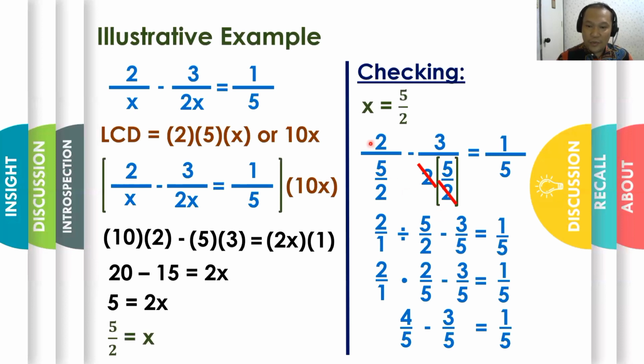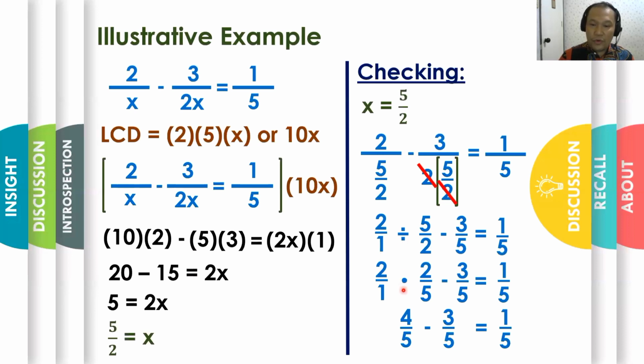On the other hand, we do have 2 all over 5 halves. And this can be written as 2 all over 1 divided by 5 halves. Then copy minus 3/5 is equal to 1/5. Next, 2 over 1, then change the operation to multiplication.